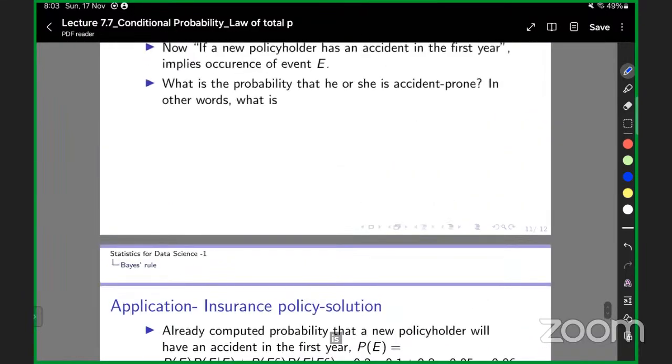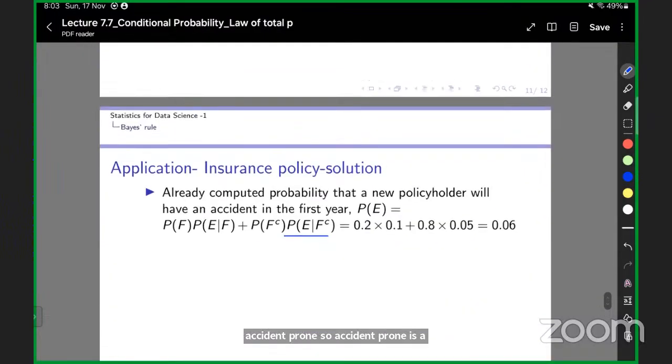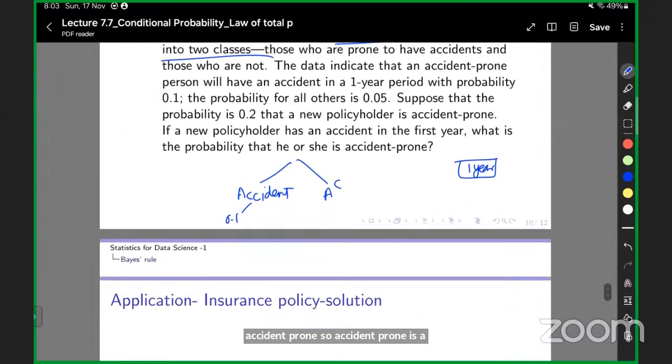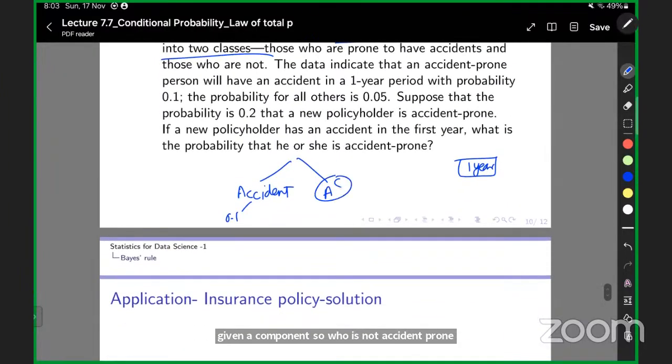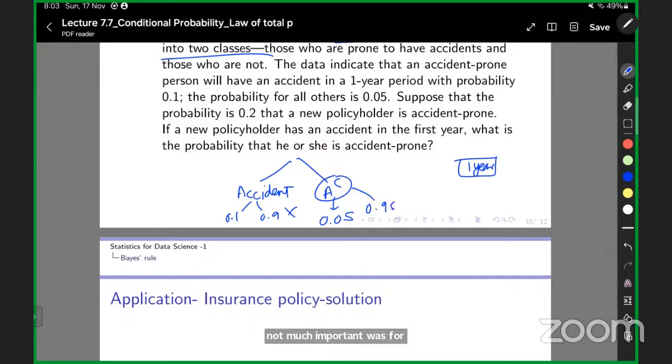So E given F complement, who is not accident prone? Not accident prone is 0.05. See, this is 0.05, if I am understanding right. So this is actually 0.9, which is not much important to us for solving this question, but this is how the distribution is going on.